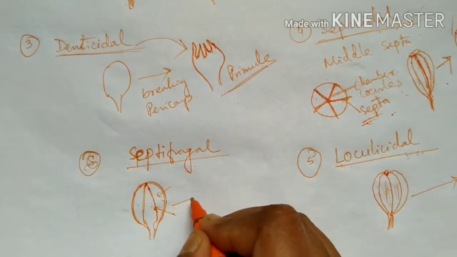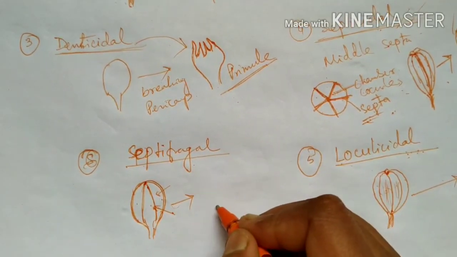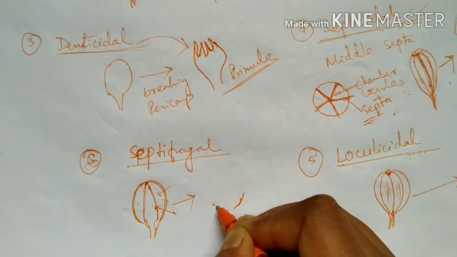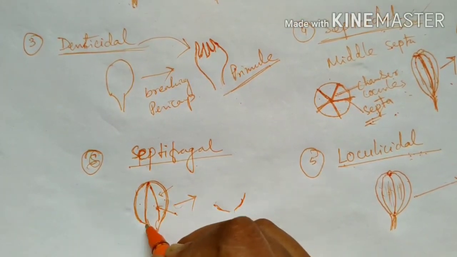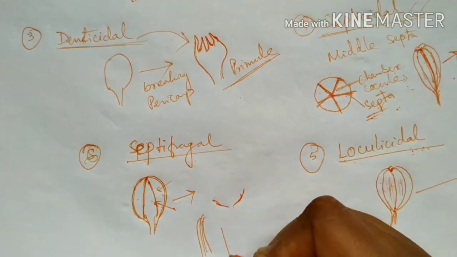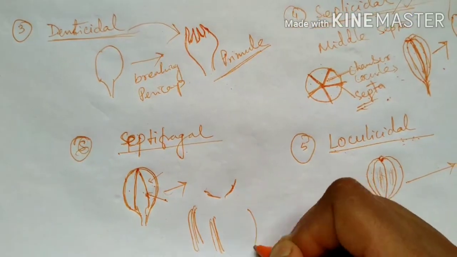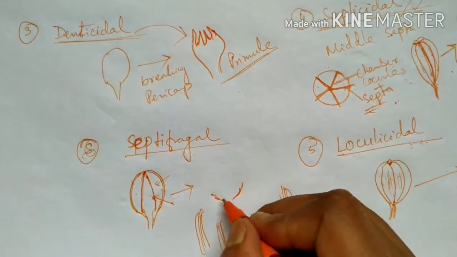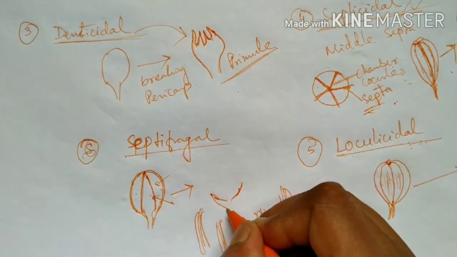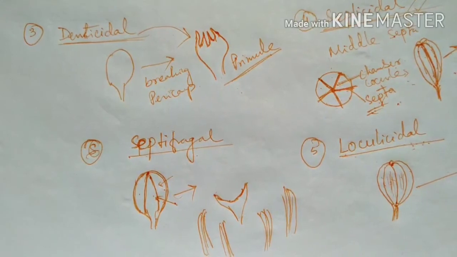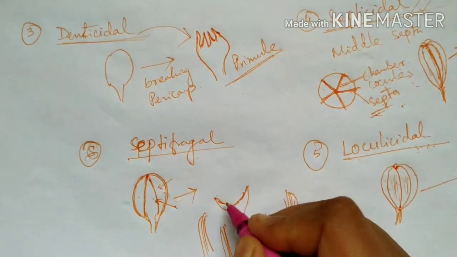Okay, and after breaking of this pericarp, all pericarp falls down, or detaches from this fruit. Only the seeds remain attached with this central axis.